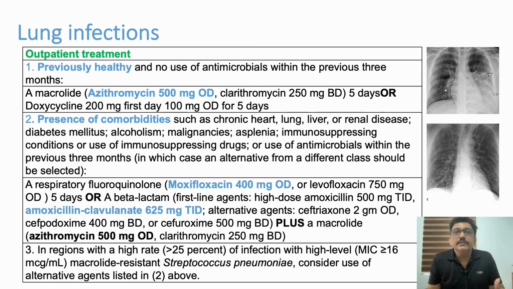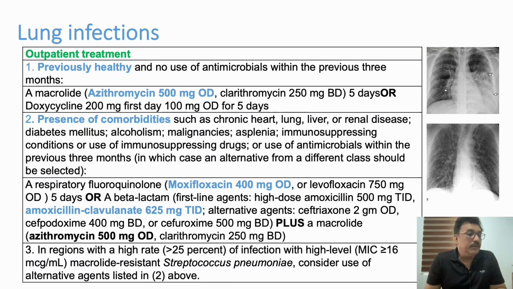In a severe infection, you may give up to 5 days. The advantage of this drug is that post-antibiotic effect is there for another 5-6 days. So, azithromycin 500 mg, clarithromycin 250 mg BD, doxycycline 200 mg first day, then 100 mg OD can be given, or you can go for augmentin.